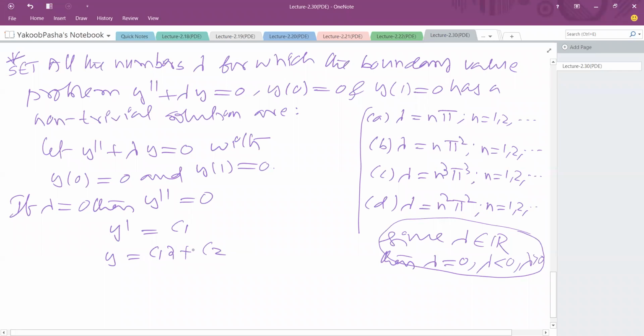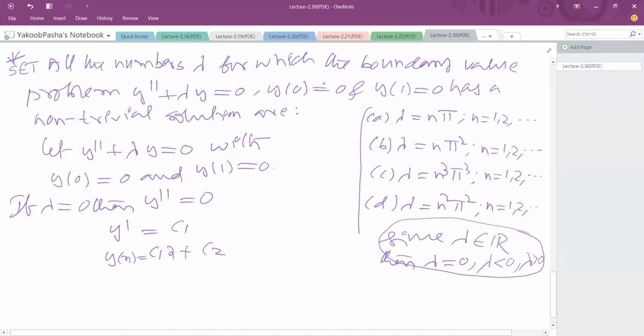So y of x is equal to c1x plus c2. This is the solution where lambda is equal to 0.